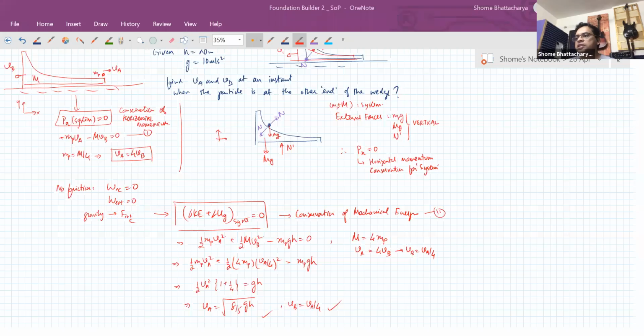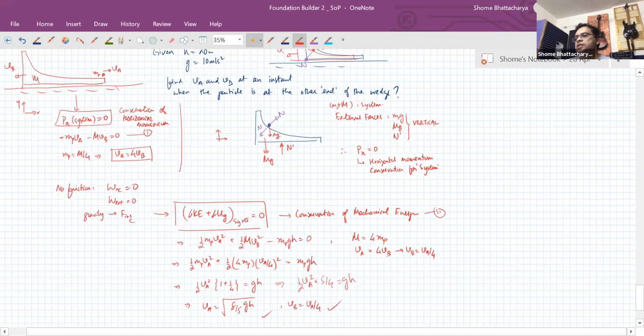Sir, what is that final answer which you have done in that last one? Okay, I'll just share it. Yes. Yeah, so the final answer is square root of 8 by 5 gh. You know, because see this term here will become 5 by 4 into half. So half VA square into this bracket, which is 5 by 4, is equal to gh.